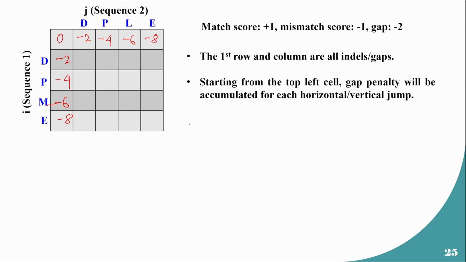So if you consider something like this, let's say this was sequence 1 and this is sequence 2. So let's say if we had in the dot plot something like this, we had a diagonal run, and then let's say another diagonal run here.